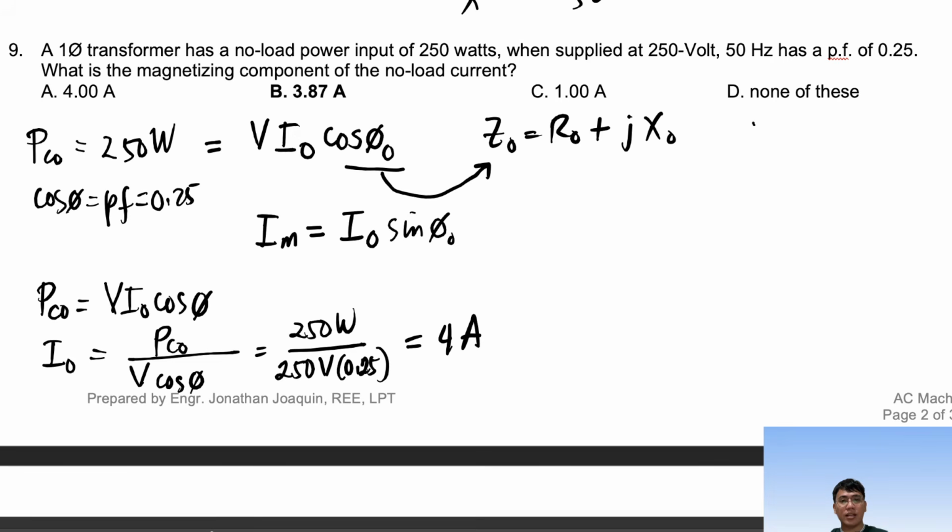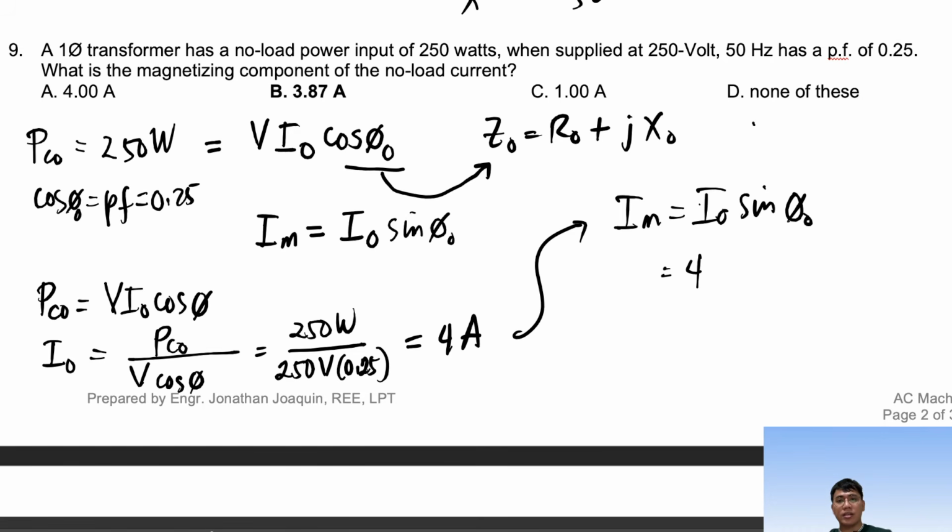And we know that I sub naught sine theta is our magnetizing current. Okay, I sub naught cos theta is the working current. I sub m is I sub naught sine theta sub naught, our magnetizing component of the no load current.